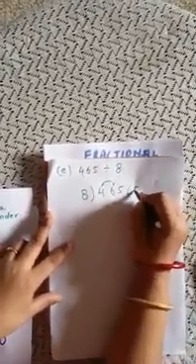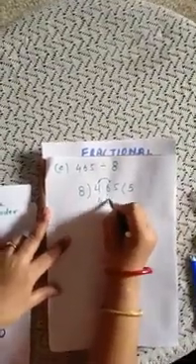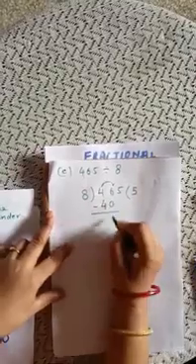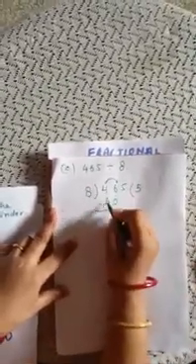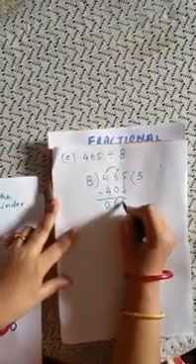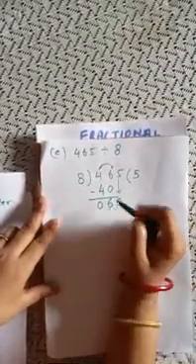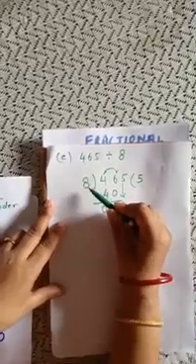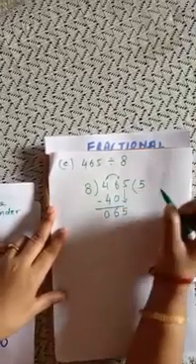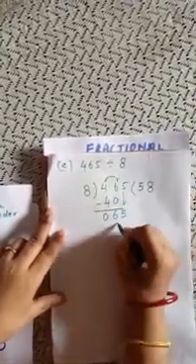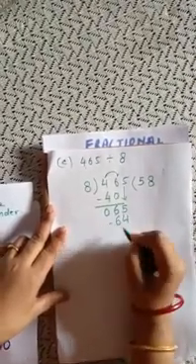5 times of 8 is 40. Now we do subtraction. 6 minus 0, 6. 4 minus 4, 0. Now I'll put down this 5. Now it becomes 65. 6 tens, 5 ones, 65. Now start the table. 65 is more than 8. So I'll start the table number of 8. 8 8s are 64.